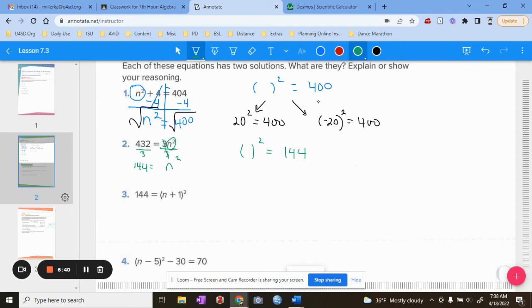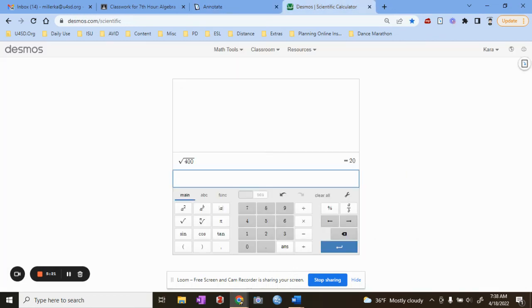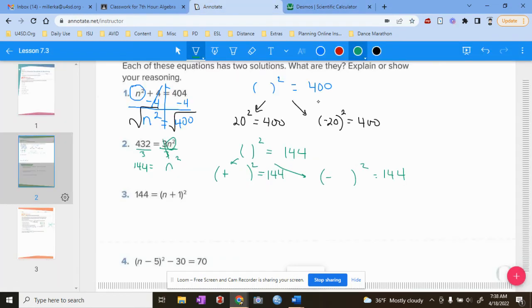And remember, we're going to consider a positive number, right? And consider a negative number. So what times itself is 144? Again, you can use your scientific calculator, or you might remember that 12 times 12 is 144, which means positive 12 and negative 12 are the two answers that will work.